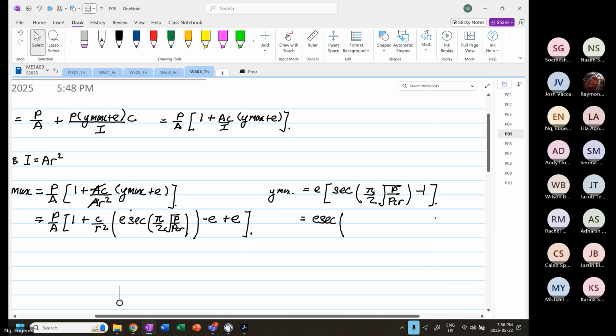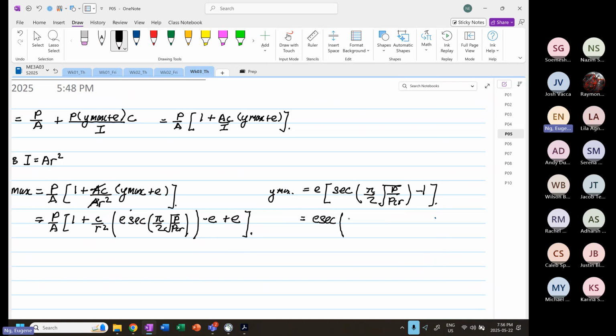Okay. So this is just basically square root P over PCR. And then I just put the E. Okay. So that's where this expression over here, in fact, I can get rid of this bracket over here. Yeah, I can get rid of that bracket over there.